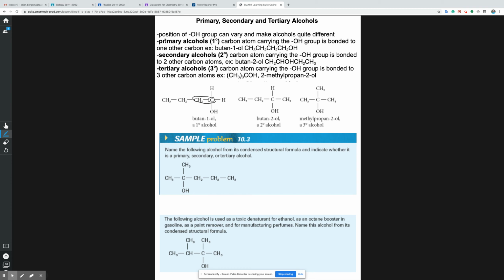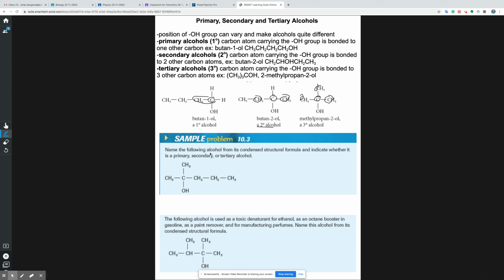Sorry, I misspoke there. These don't have to do with how many hydroxyl groups; they have to do with how many carbons our carbon that's bonded to our hydroxyl group is bonded to. So if the carbon carrying the hydroxyl group is bonded to 2 other carbon atoms, it's a secondary alcohol. And for a tertiary alcohol, the carbon that's bonded to our OH is bonded to 3 other carbons.